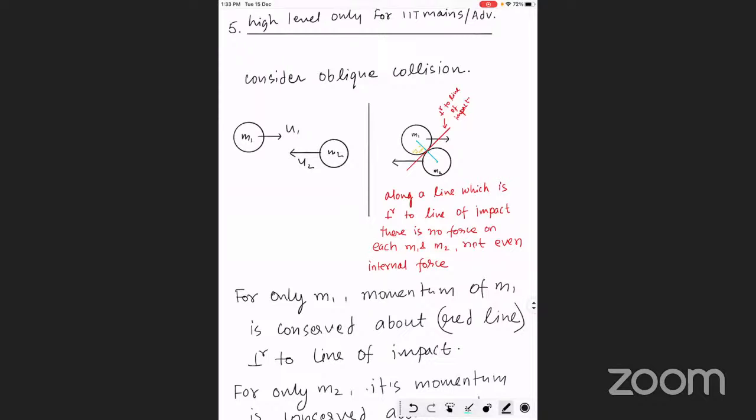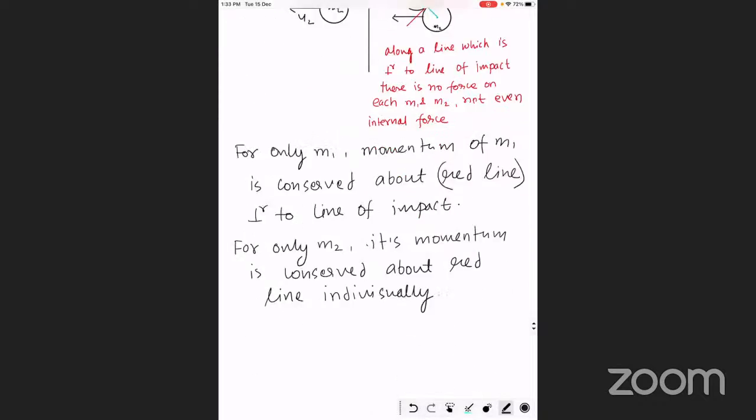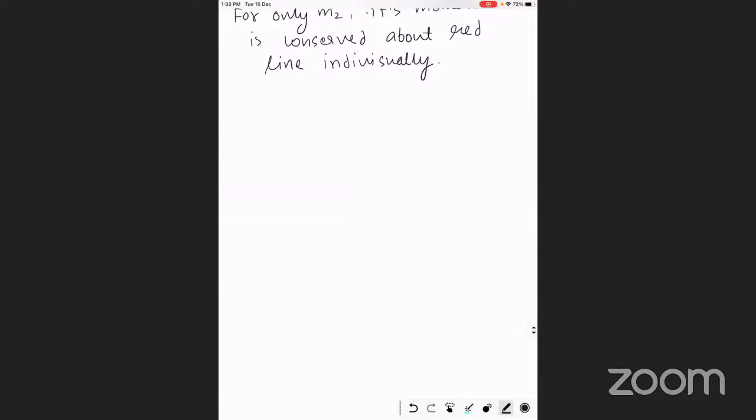Okay. Write this question, everyone. These are my favorite questions. Question number 1, level 1. Now we are solving a level 1 question, tough from the school point of view.